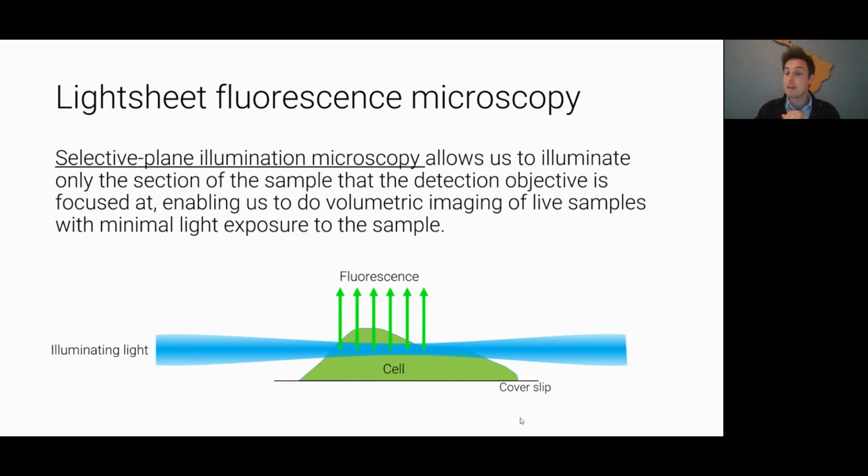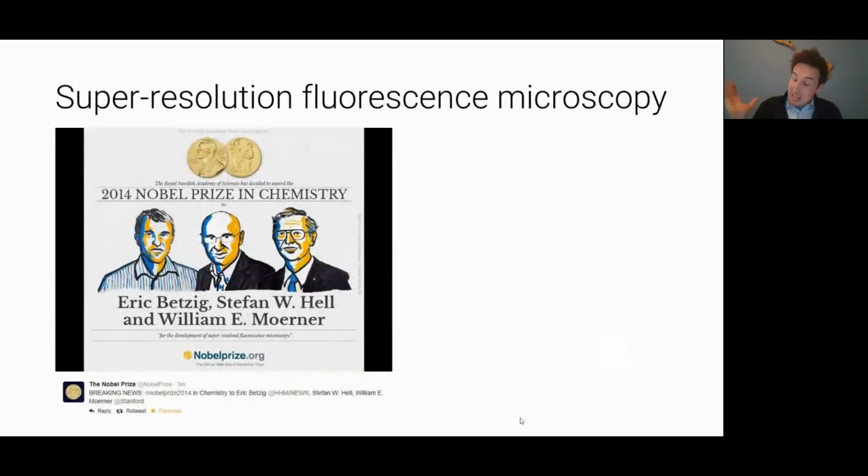This is wonderful for in vivo imaging, or even imaging whole organisms like zebrafish or mice. It allows volumetric imaging of often live samples in a very gentle way with minimal light exposure and hence minimal light damage.